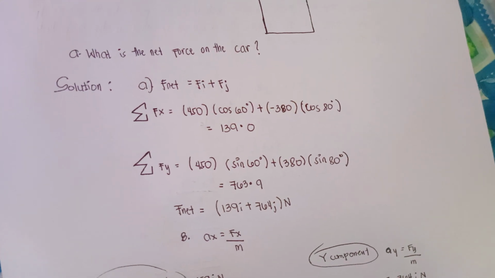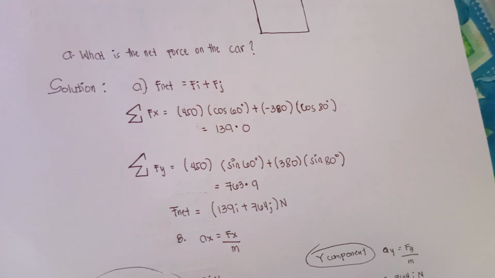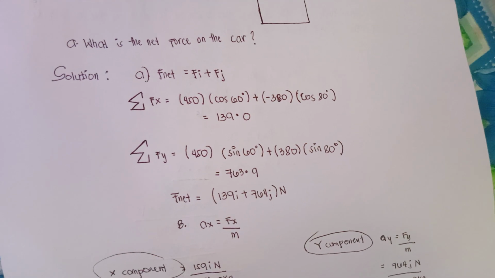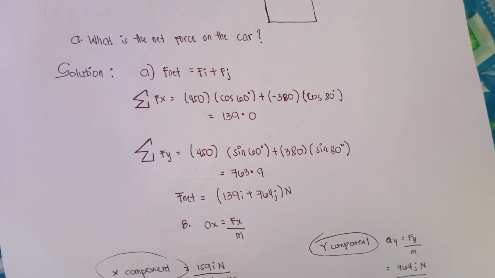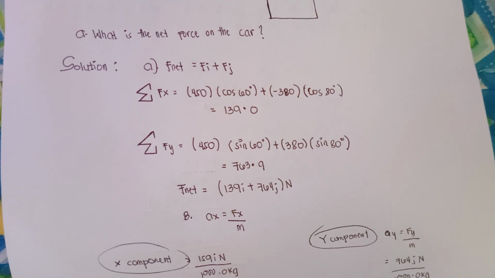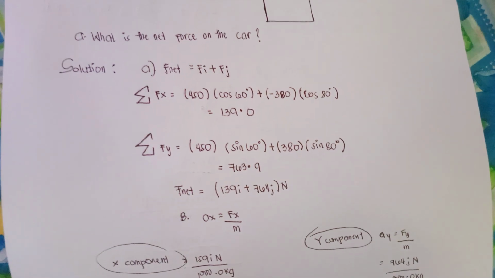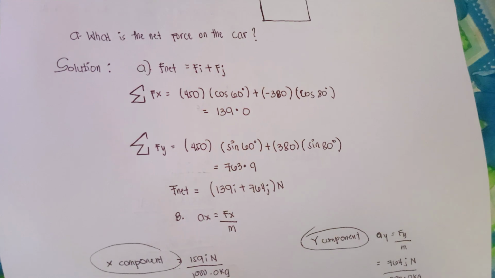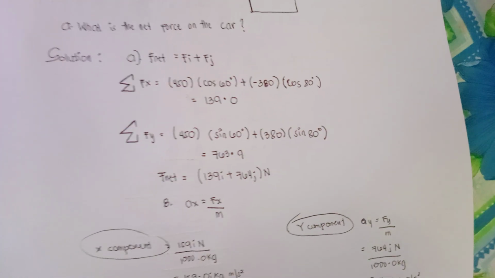So, the solution is A, F-net equals Fx i plus Fy j. Fx equals 450 cos 60 degrees plus negative 380 cos 80 degrees. So, we add them, and we can also see it in the calculator.